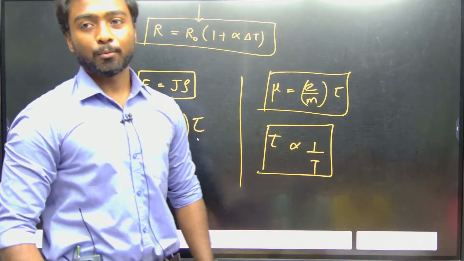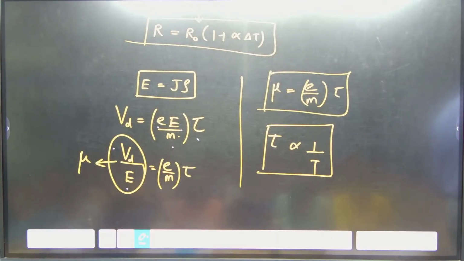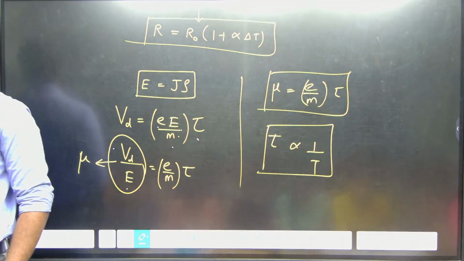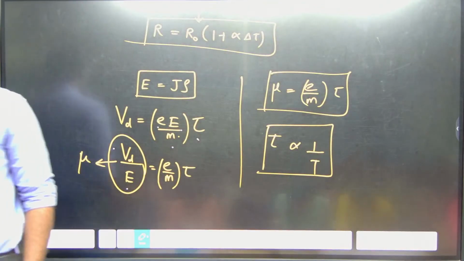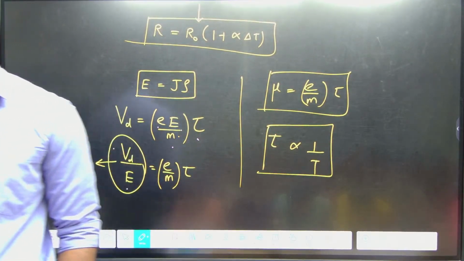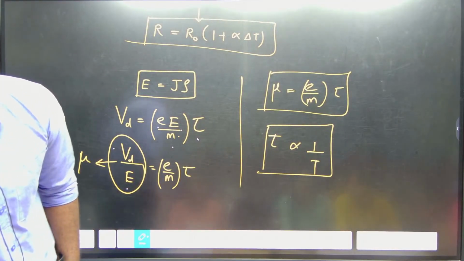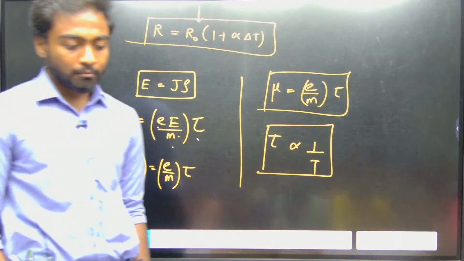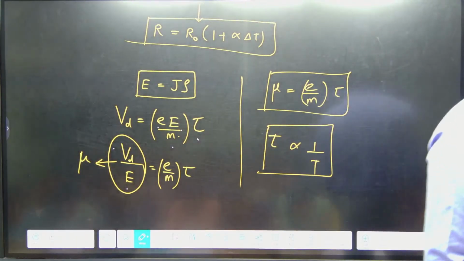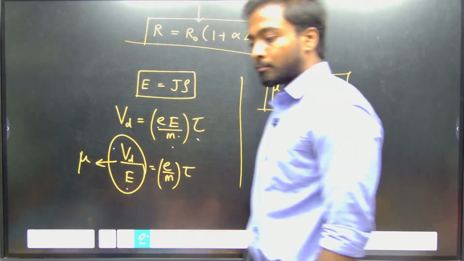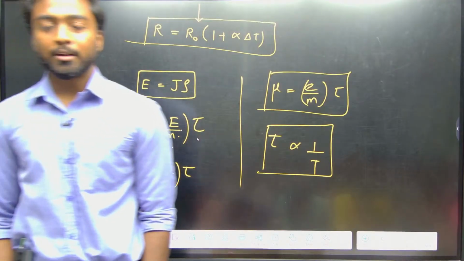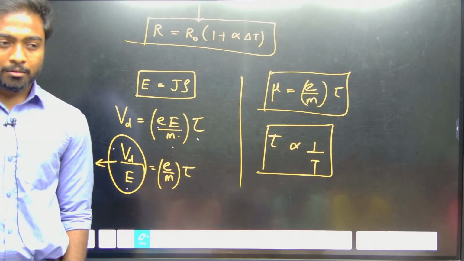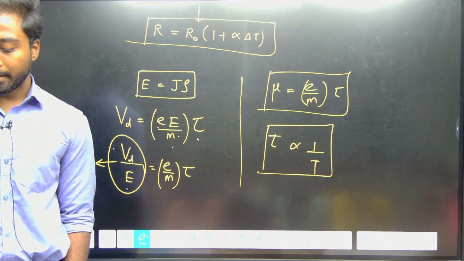Okay, the question now. A wire of resistance R, with initial radius r, small r, has been stretched so that the radius becomes r by 2.